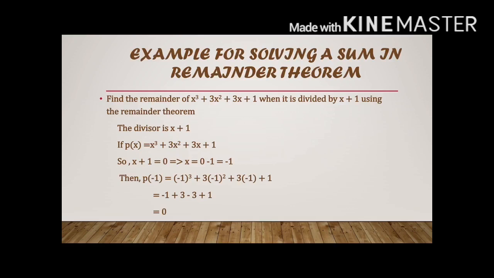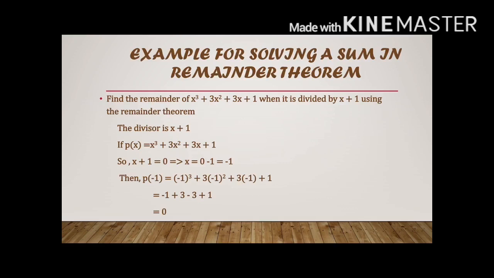Now we have to equate x plus 1 to 0. So we have x is equal to minus 1, because when plus 1 moves from LHS to RHS, the sign changes and so it becomes minus 1. Now we have to substitute minus 1 in place of x.